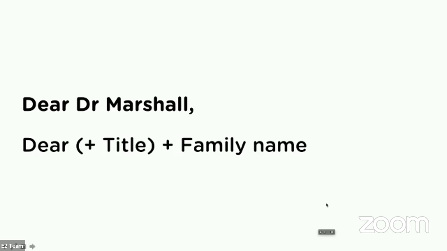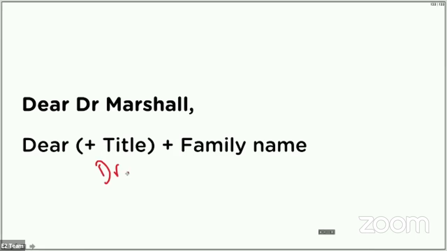And then you just put the title and the family name. Now, if there is no title given, for example, let's just say you're writing to a nurse or the manager of the nursing home, we will exclude the title and just write Dear Mr. or Ms. and then the family name of the recipient. Okay.